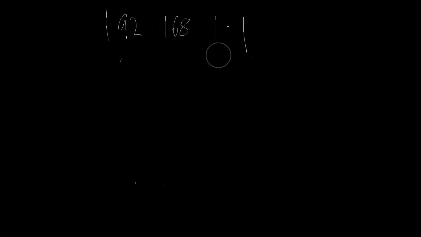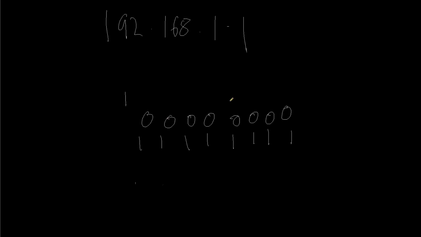Because, like I said earlier, what's the maximum number if you've only got 8 bits? So 1, 2, 3, 4, 5, 6, 7, 8. If all of these were 1 instead, so all of them are being used, so 128, 64, 32, 16, 8, 4, 2, and 1.